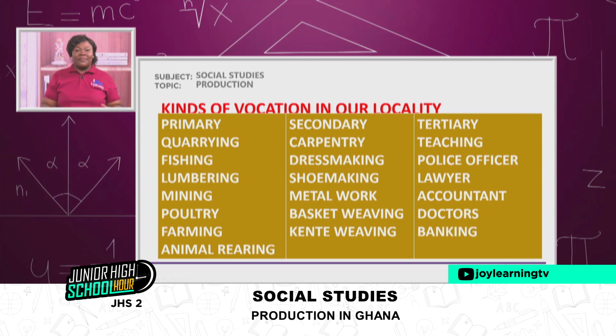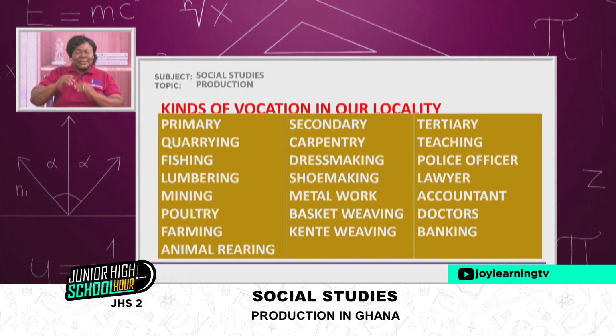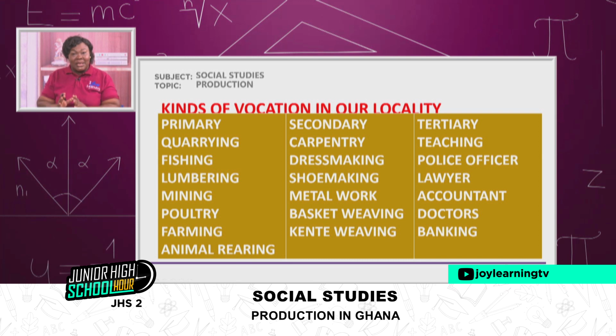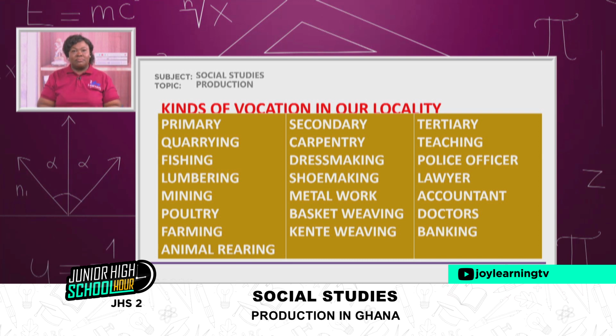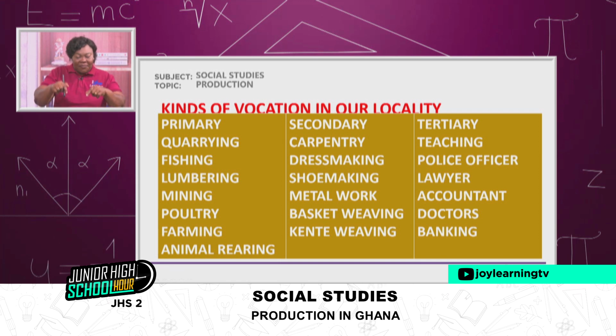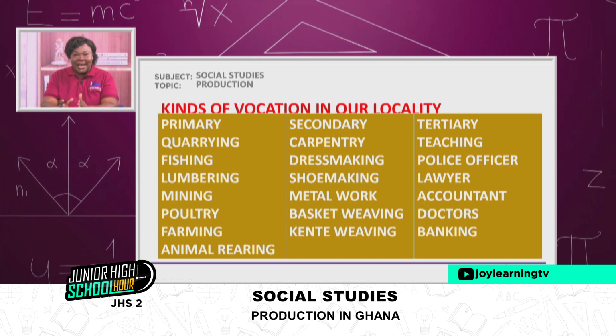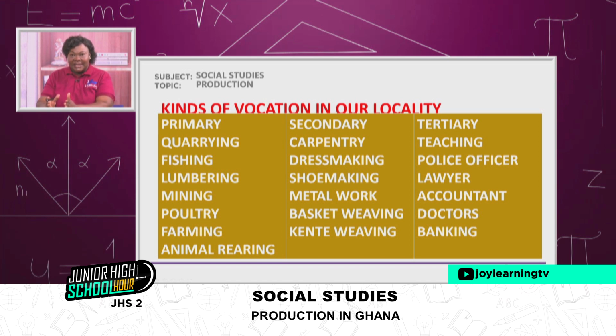Now, we have discussed all the three types of production. So we also have to look at the vocations in which all these three types of production fall. We are looking at the primary, the secondary, then the tertiary.